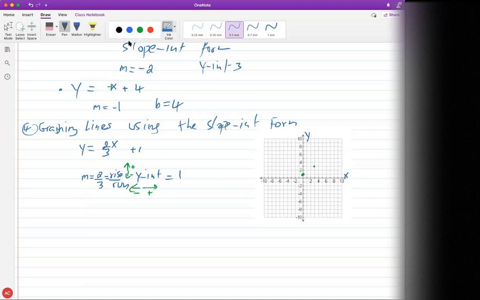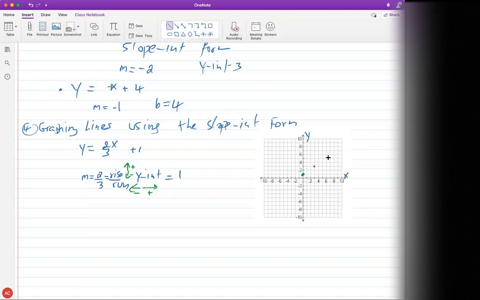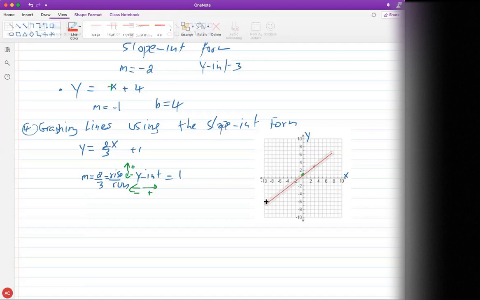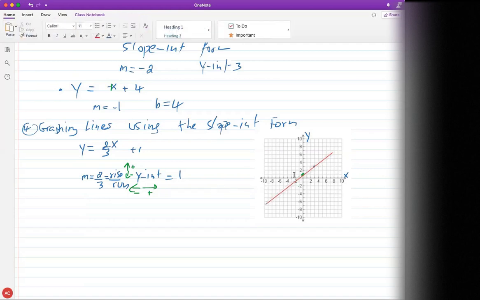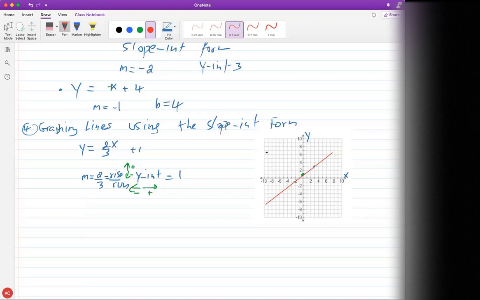So let me grab a straight line. Usually you would grab your ruler at this point and just draw your line through those 2 points. Okay, the first one and the second one. So again, the rise and the run. This is what we called earlier the change in y. So this is the rise.